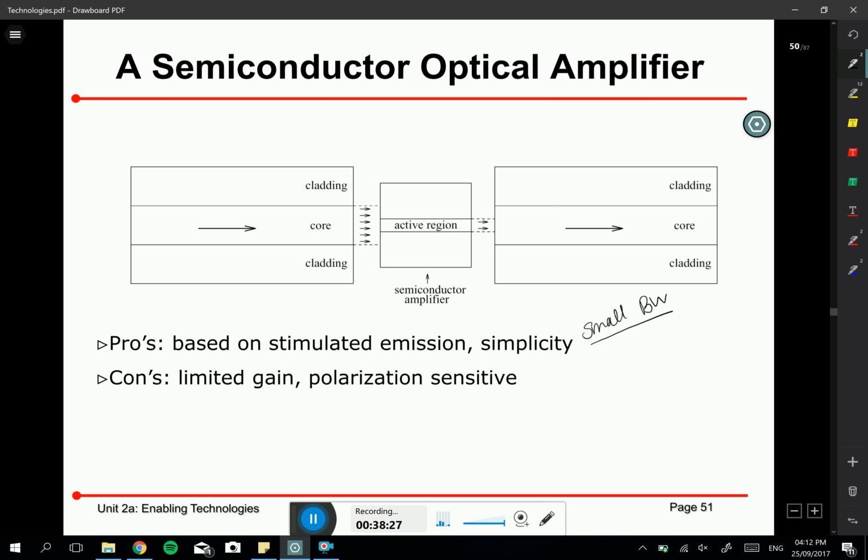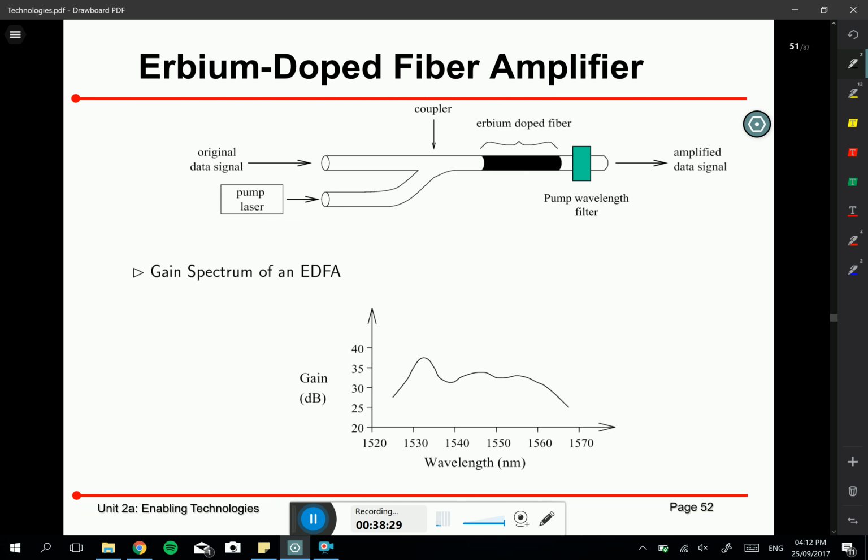What is used is this erbium doped fiber amplifier, EDFA. This is big. This is big also commercially. That's what is actually sold. How does it work? You have your own fiber arriving with the signal, and then you insert through a coupler.